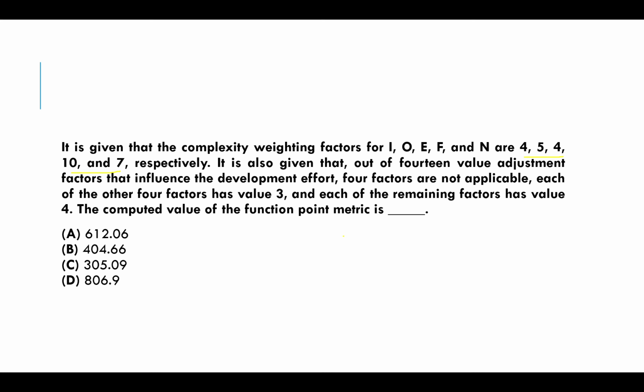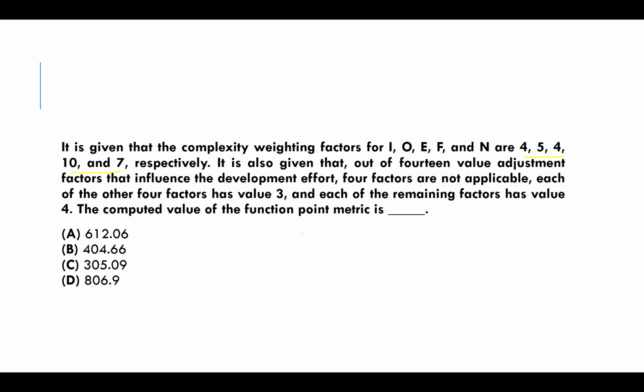Each of another 4 factors has value 3, so 4 into 3 becomes 12, 0 plus 12. And each of the remaining factors has value 4. So 4 and 4 have been taken, so 8 have been taken, where 4 have value 0 and 4 have value 3. So 14 minus 8, we are left with 6.